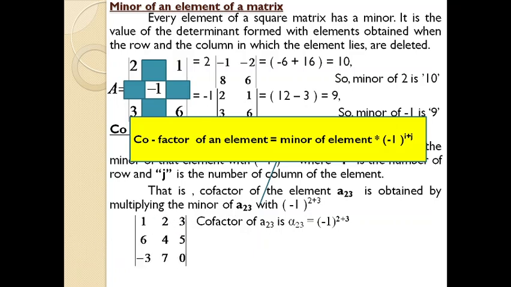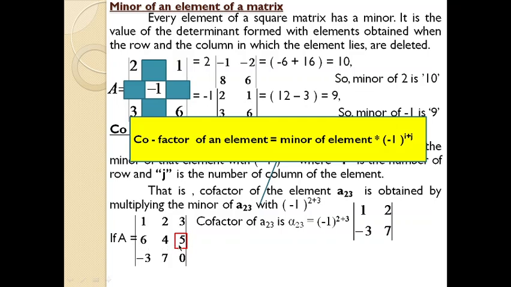For example, here is another matrix. It is a matrix of order 3. For the time being we are selecting 5 as the element. When 5 is selected, you need to represent it as A23 because 2 means second row, 3 means third column.